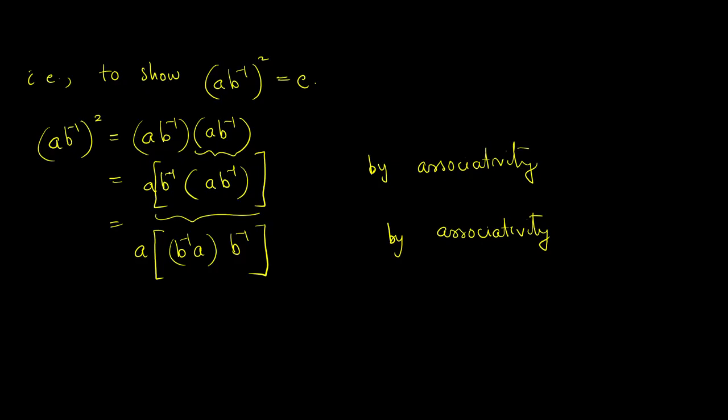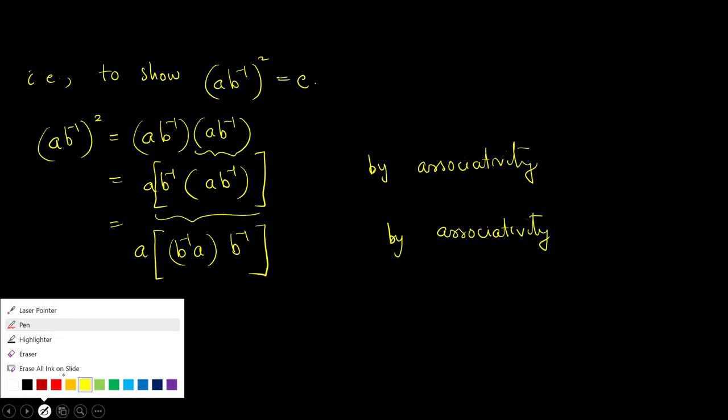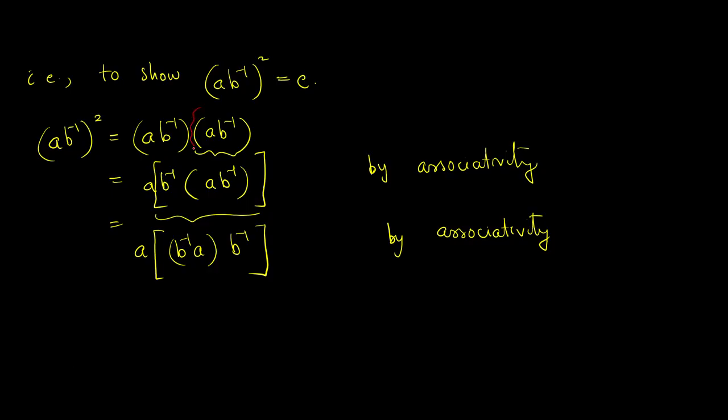Here first, we treated this A B inverse as one element and then applied associativity. Here it is A B C, so it is AB into C. So here it is in the form A B inverse into C. I wrote this as A into B inverse C by associativity.